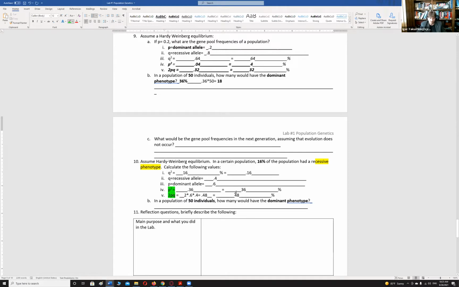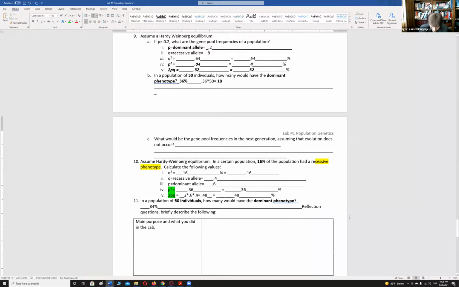So 48% and 36% gives me 84% of the population, whatever the population is. I know that 84% of the population will look dominant. My population is 50.